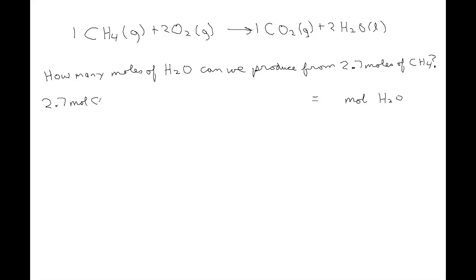Then you plug in your conversion units, which would be there's 2 moles of water for every 1 mole of methane, which would give you 5.4 moles of water. Okay. That doesn't seem to give you any trouble at all.